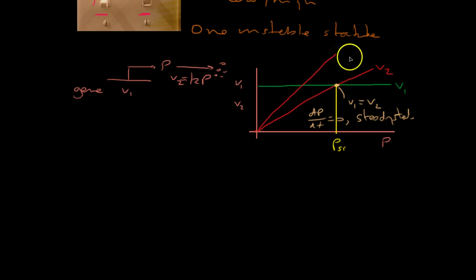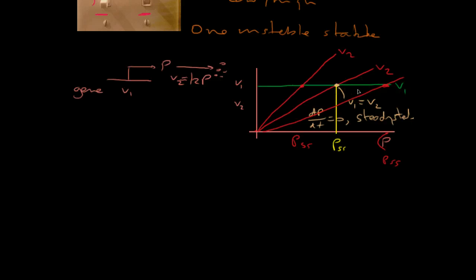If I made it steeper, you notice that the steady state now moves to a lower level, or alternatively I can make the rate constant smaller, and now of course the steady state moves up to here. So I can change the steady state quite readily, but note that there's only one at any given time. There's only one possible steady state.